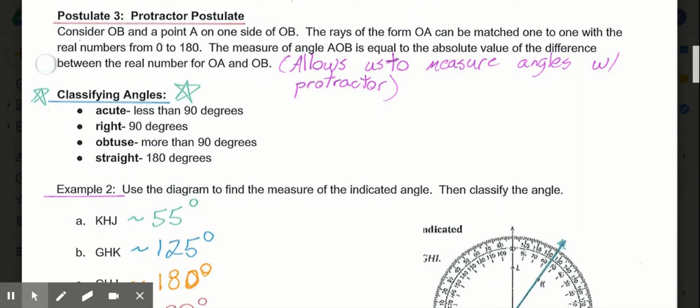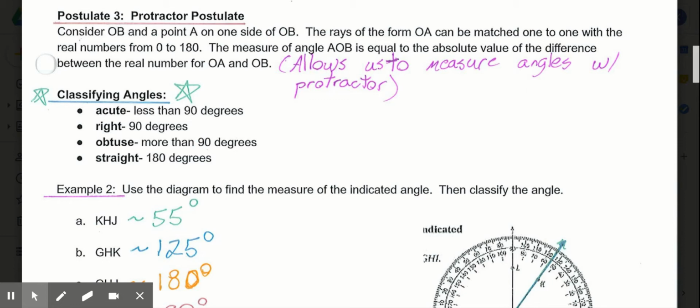Classifying angles. So there's a few different types of classifications of angles, common types in this case. Acute angles are any angles where the measure is less than 90 degrees. A right angle is exactly 90 degrees. An obtuse angle is any angle more than 90 degrees.